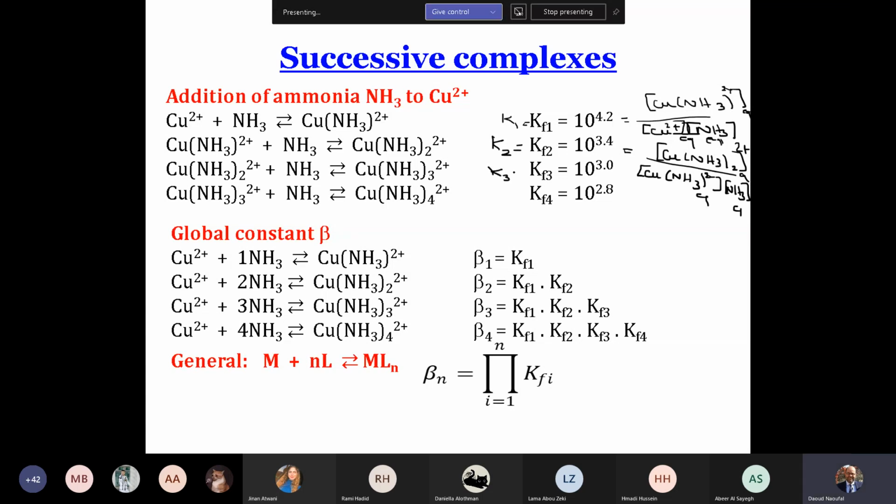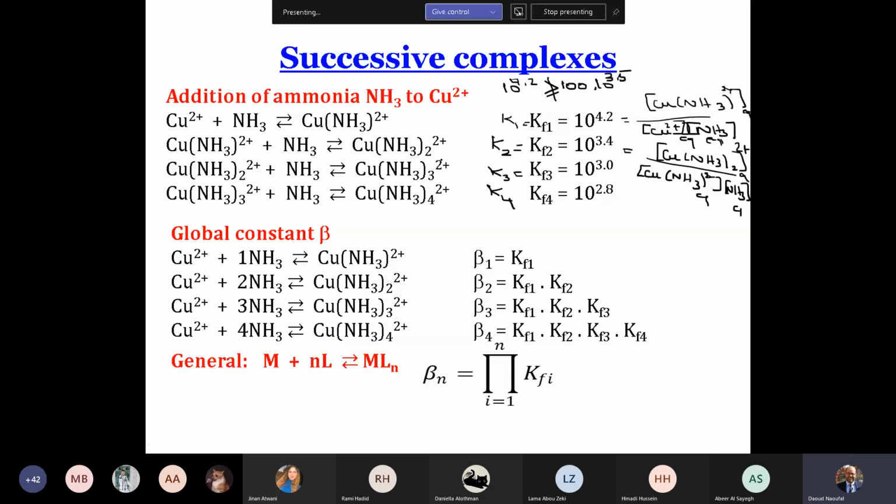And K3 and K4. If you compare K1 to K2, K1 is not greater than 100 times K2.